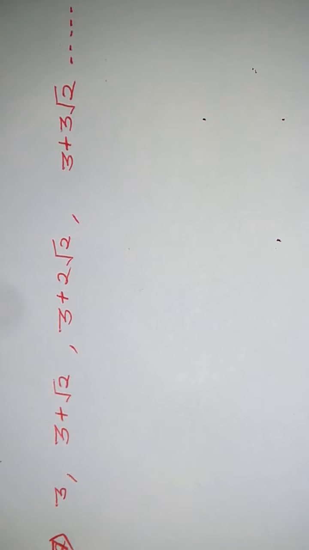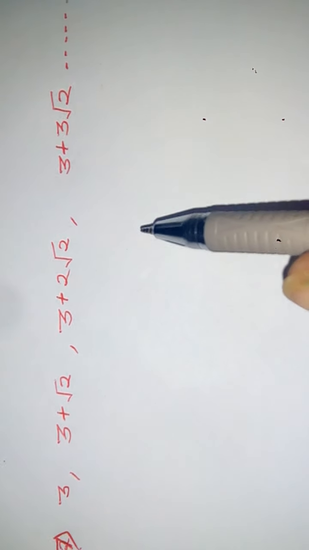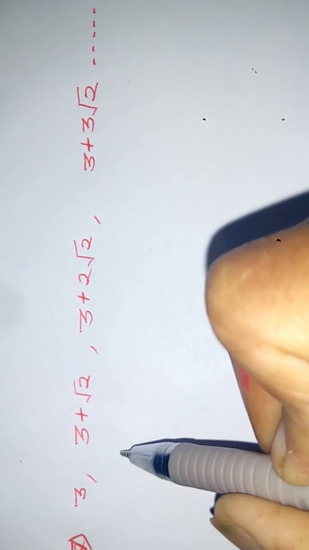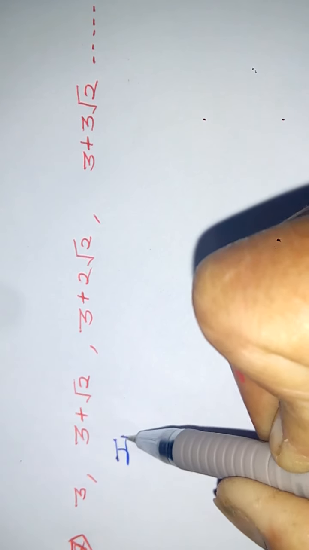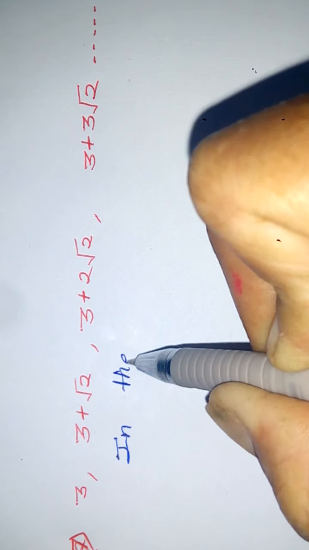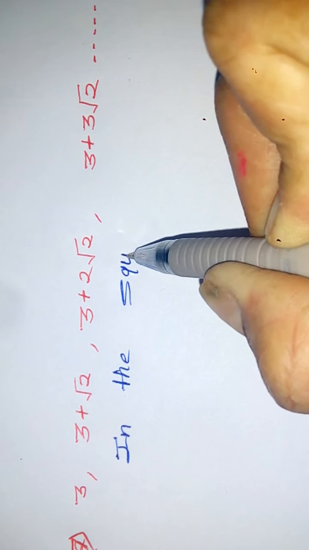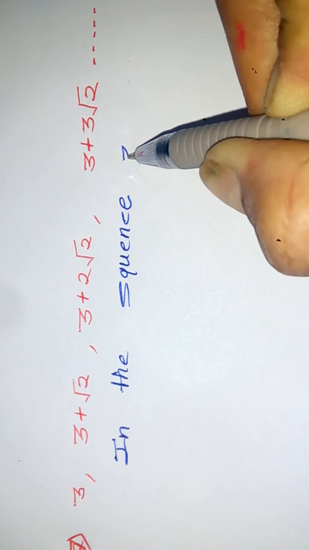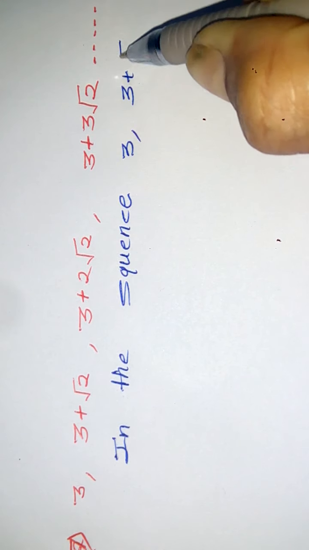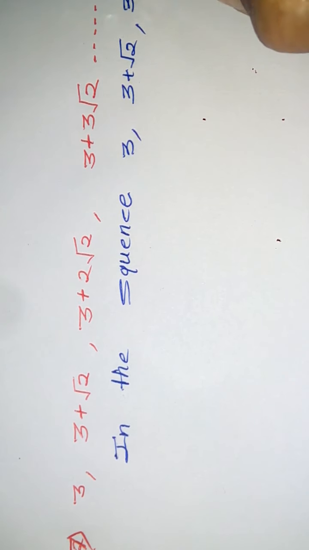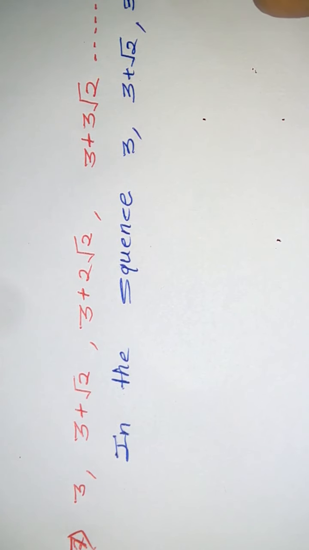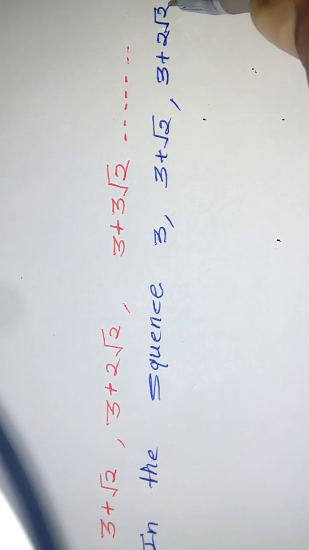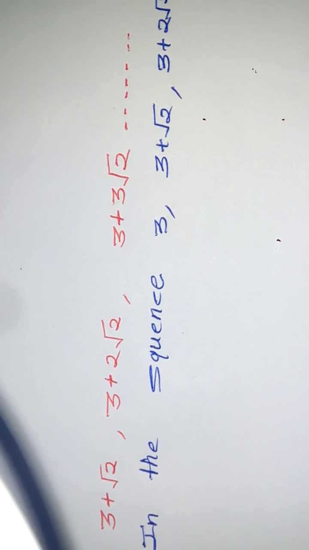Now first write down the terms in the sequence: 3, 3 plus root 2, 3 plus 2 root 2, and so on.